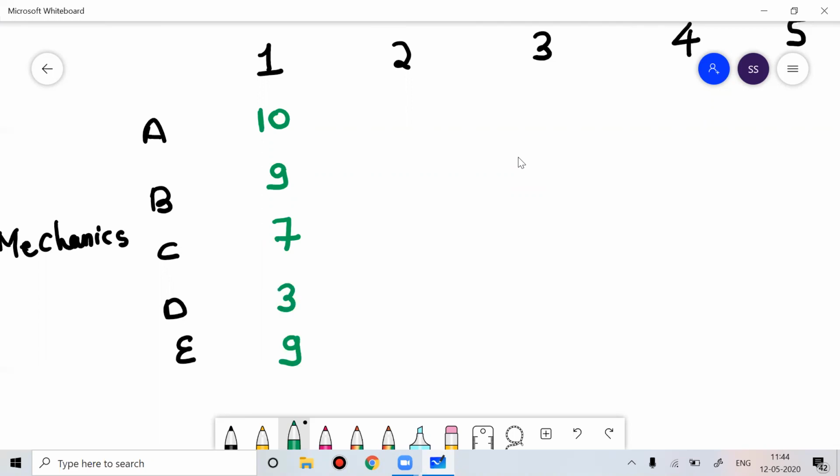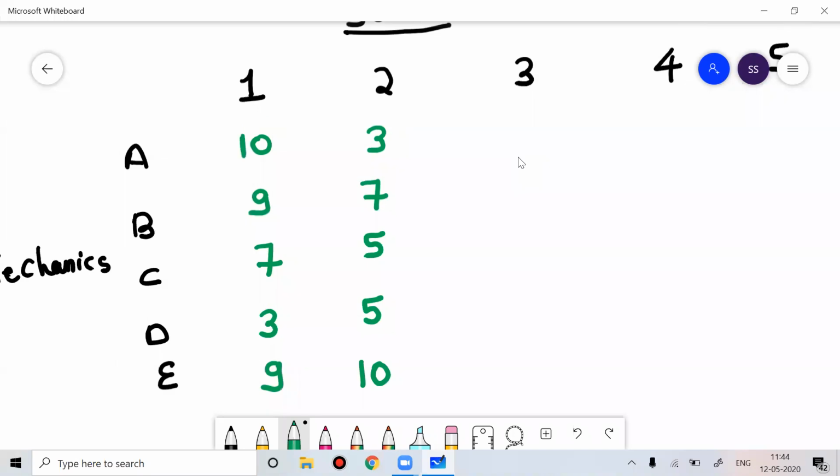Let me write down the data. So it is 3, 7, 5, 5, 10. Then you have 3, 8, 6, 8, 9.